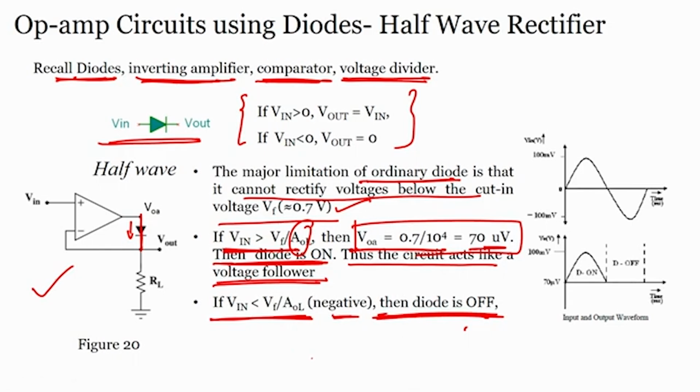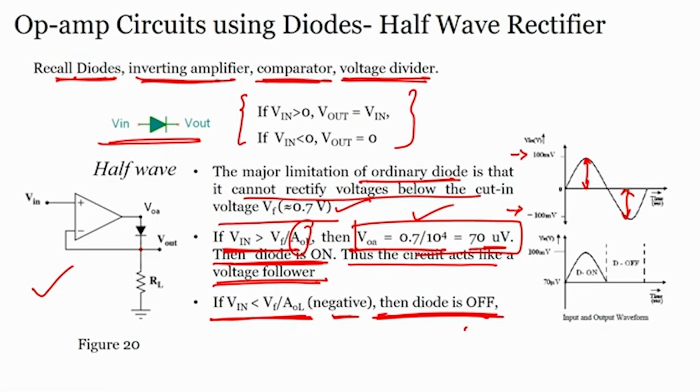If I apply this V in voltage, 100 millivolts peak to peak, then when the positive peak comes, my diode will start operating, because it will be greater than or equal to 70 microvolts. But if V in goes negative, my diode cannot operate, it will be off.